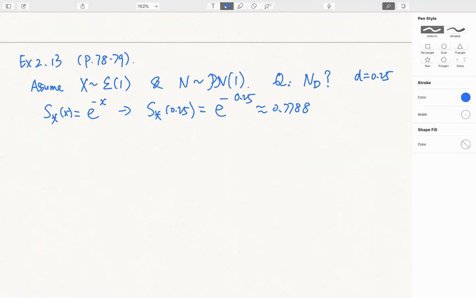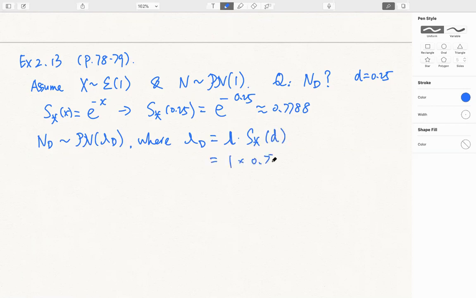From there, applying the theorem we just proved, we know this N_D follows a new Poisson distribution, and the new parameter will be the previous one, which is 1. Well, you can write the formula down first. This will be 1 times 0.7788. So you would know everything from here.